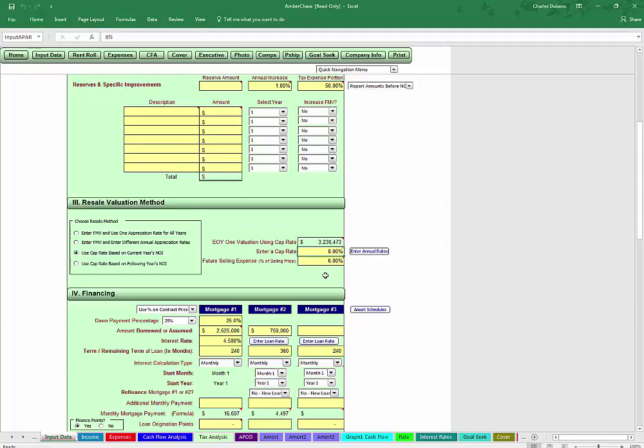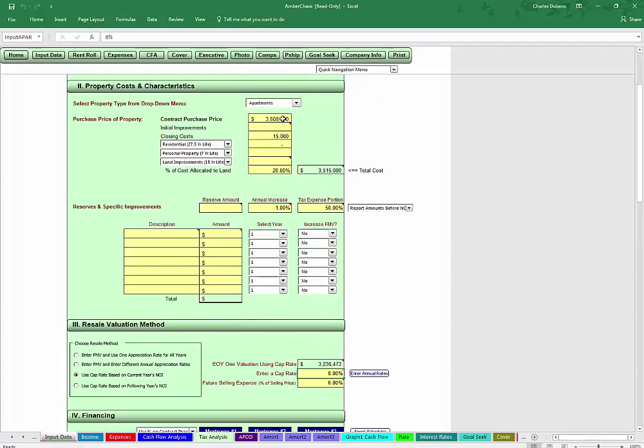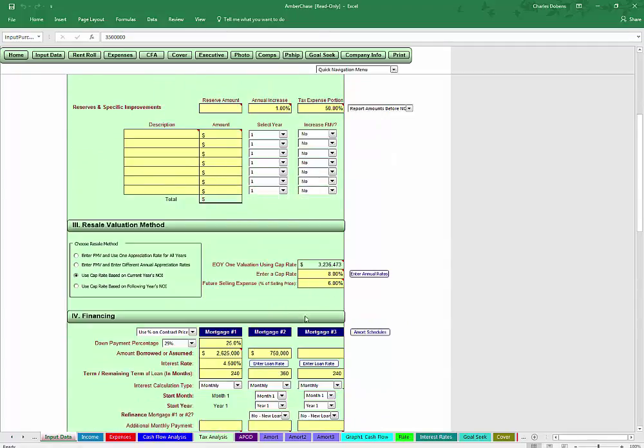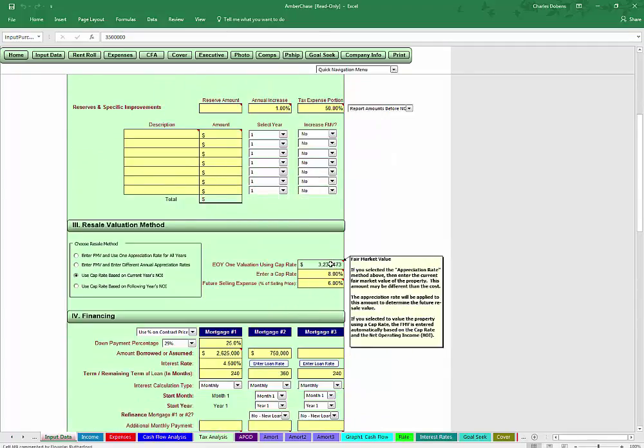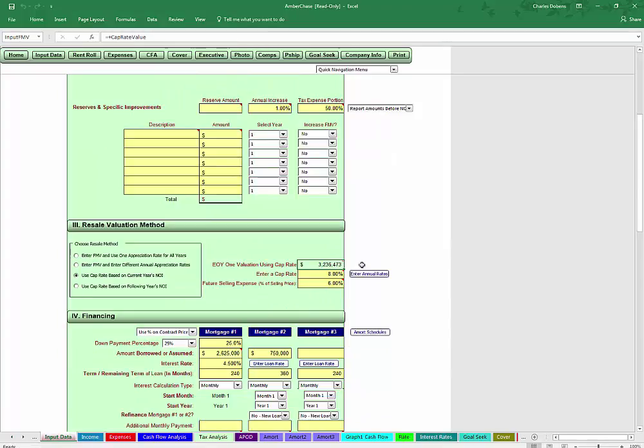So I'm going to assume that your number is accurate. If your number is accurate, then what it tells me is that 3.5 million is too much money for this property. At an 8 cap and the NOI that you've calculated, this property is worth $3.23 million.